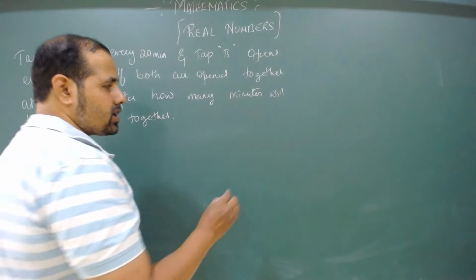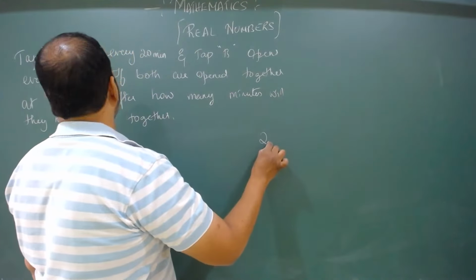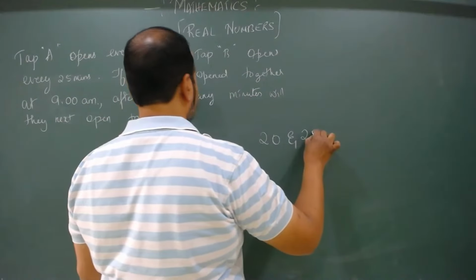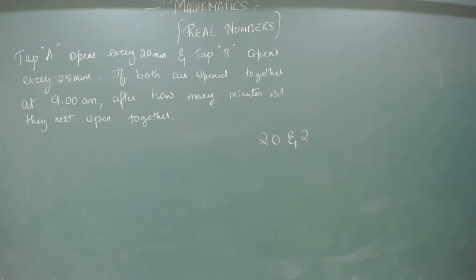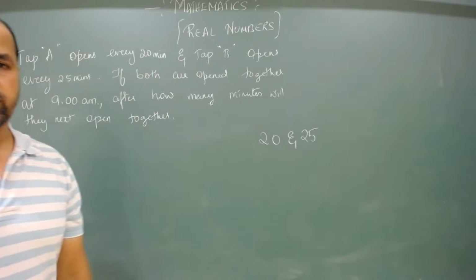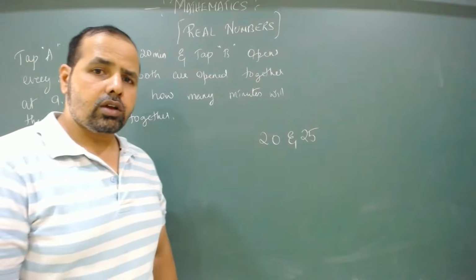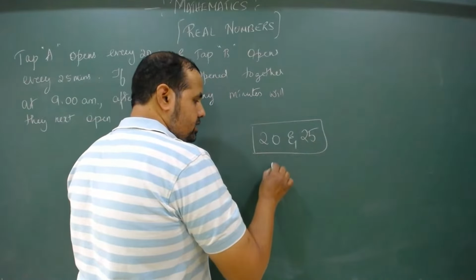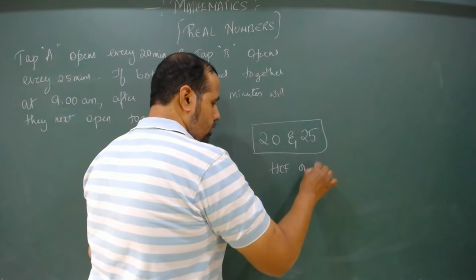So the only thing that should come to your mind is 20 and 25. Now, at 9 o'clock they both open. The only thing which should come to your mind is, is it HCF or LCM?